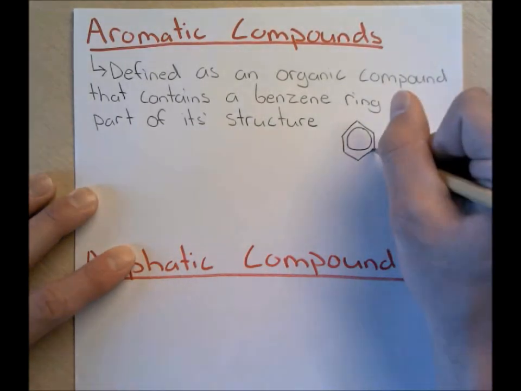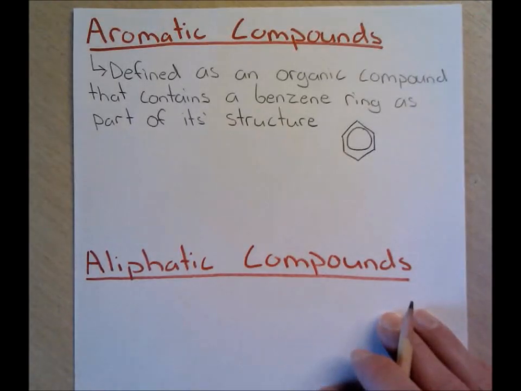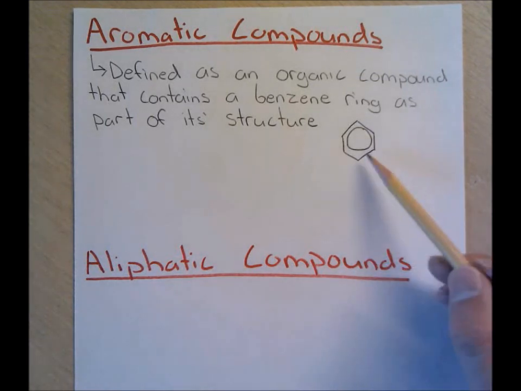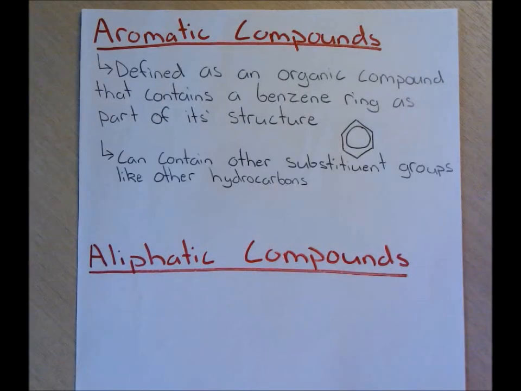And what it can also do is, on top of this base structure, it can also contain other substituent groups or attached groups like other hydrocarbons. What we mean by a substituent group is just things that are attached to that benzene ring.